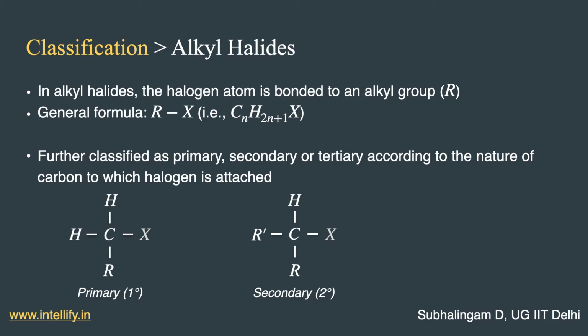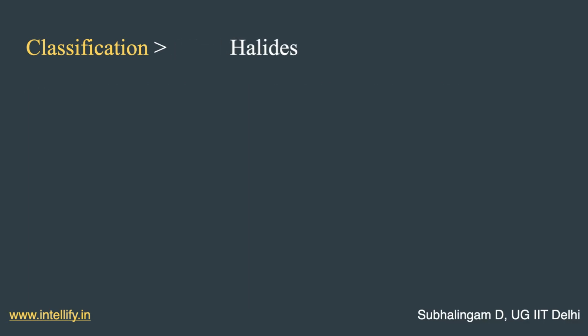If we look at a secondary haloalkane, we see that the carbon to which the halogen is attached has two alkyl groups and one hydrogen. Similarly, in tertiary haloalkanes, we have that carbon attached to three different or maybe same alkyl groups, but there are no hydrogens.